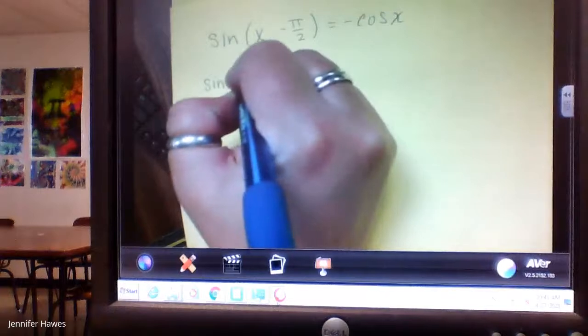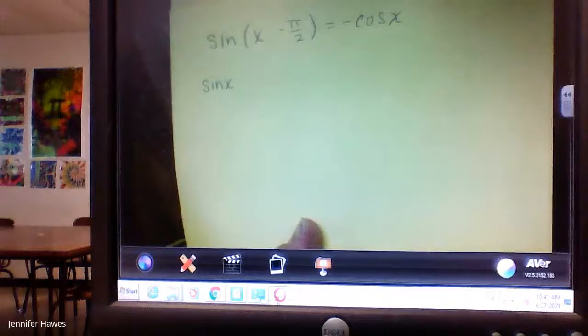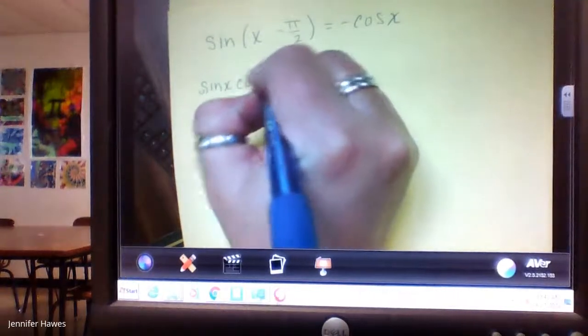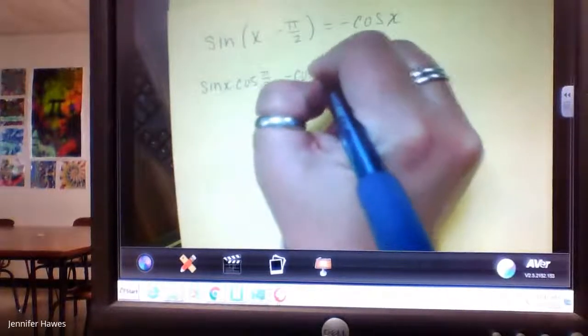Sine, because I'm just going back to that very first thing you wrote down. Sine, cos minus cos.